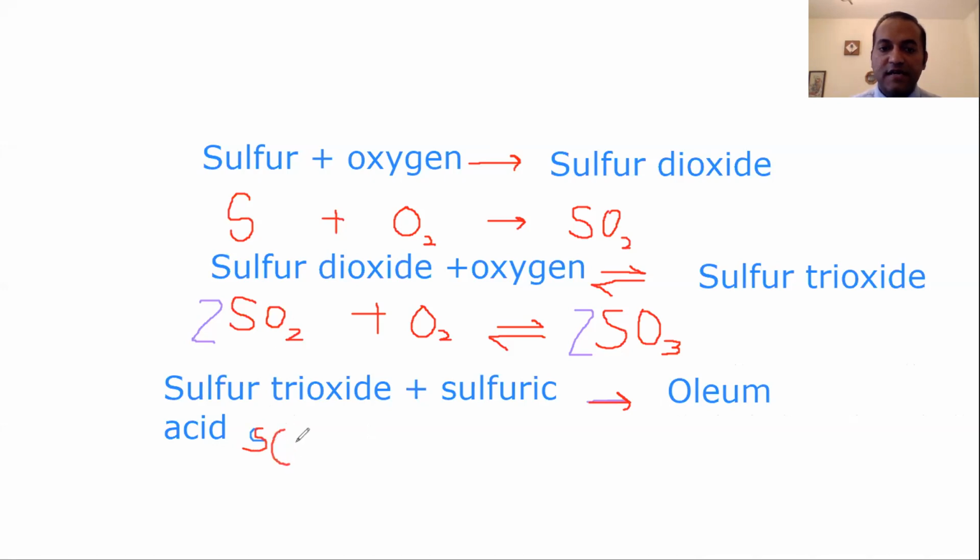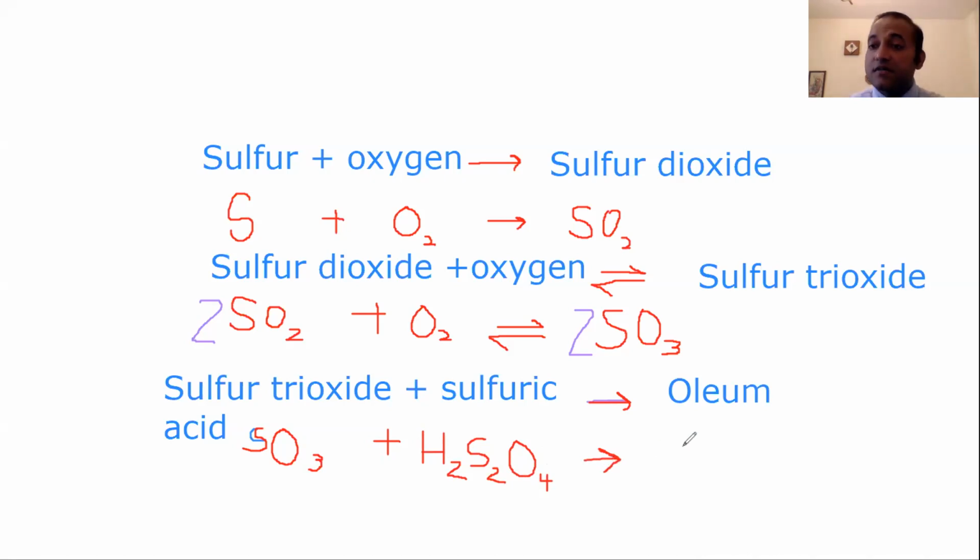So we have sulfur trioxide here, SO3. And we have the sulfuric acid. All of you know sulfuric acid is H2SO4. So how to get the formula of oleum?